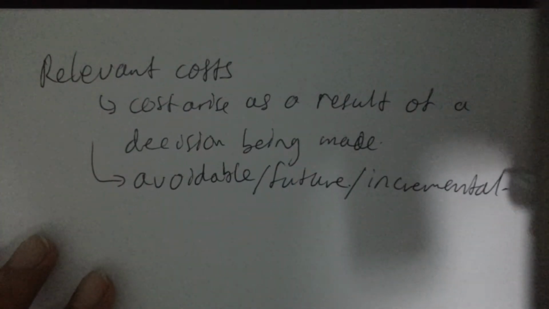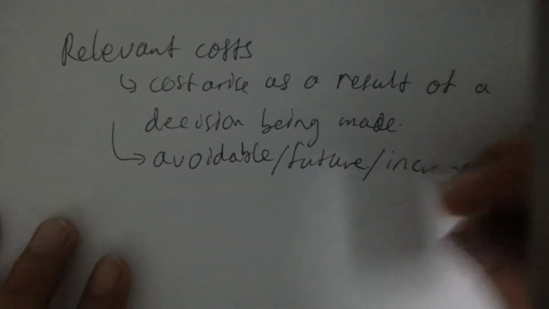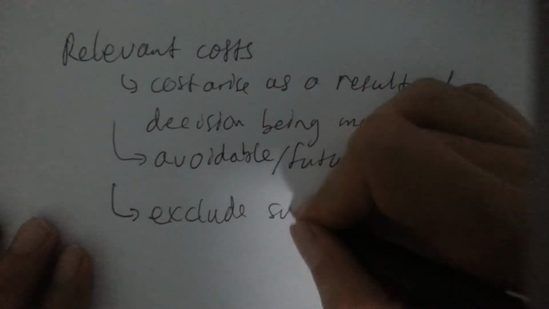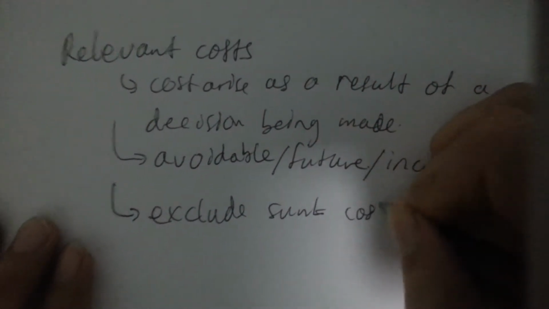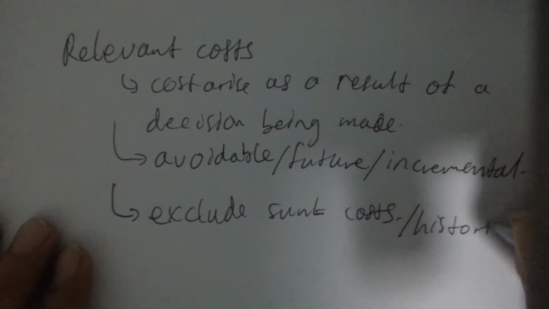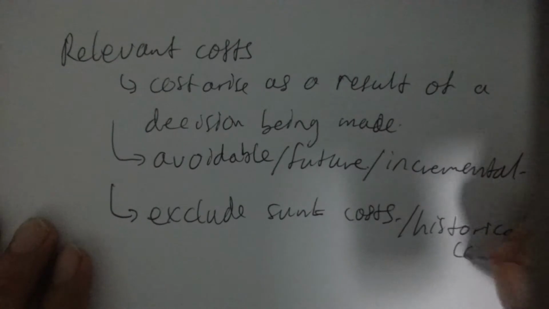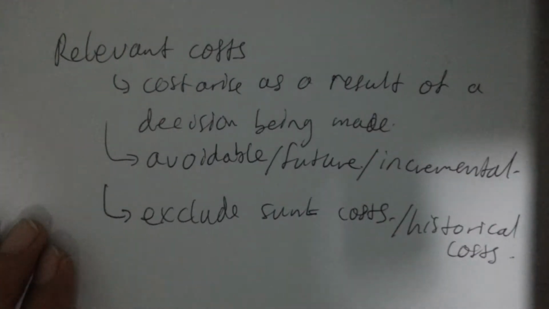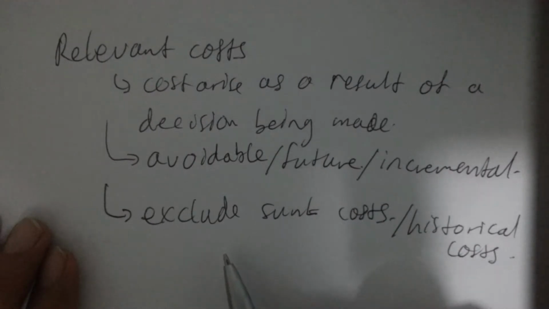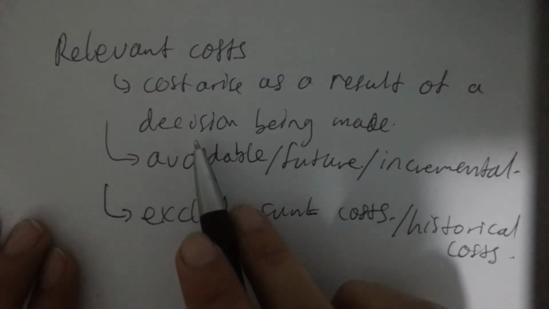Very important. Now, the relevant costs cannot include sunk costs. That means costs that have already been incurred are not relevant, including historical costs. If you incurred any costs on, for example, research, study, or survey, those would be historical costs, and they will not be part of your relevant costs.